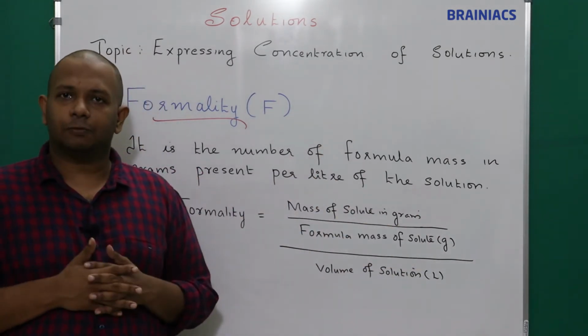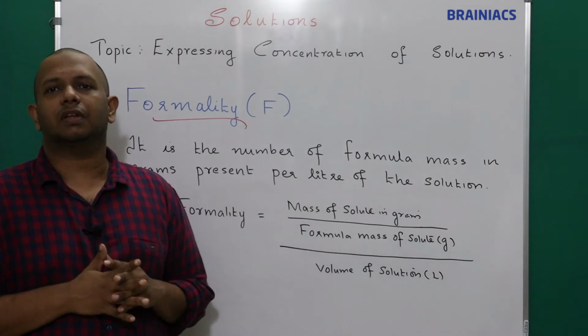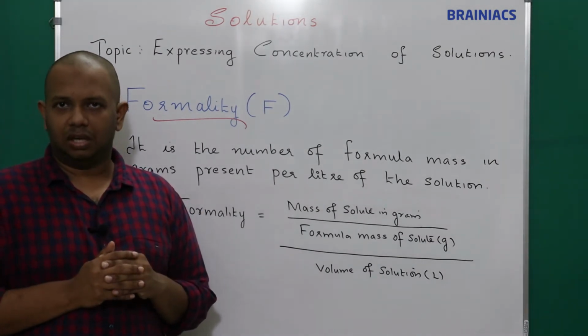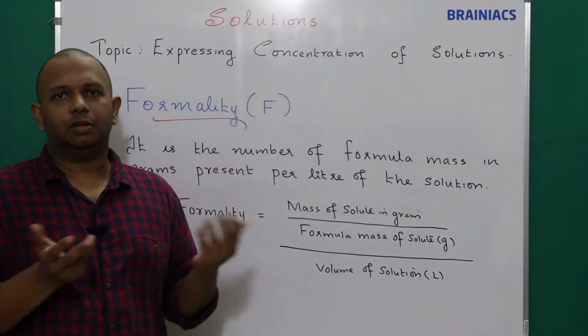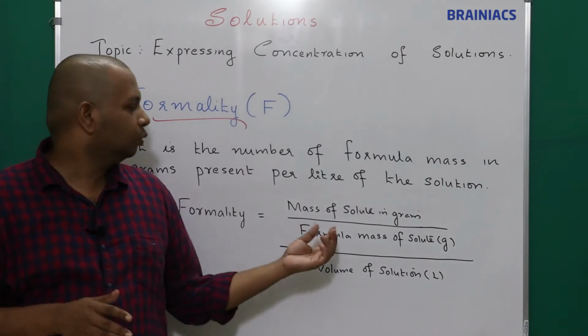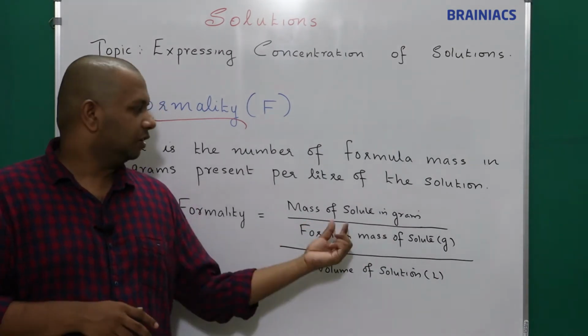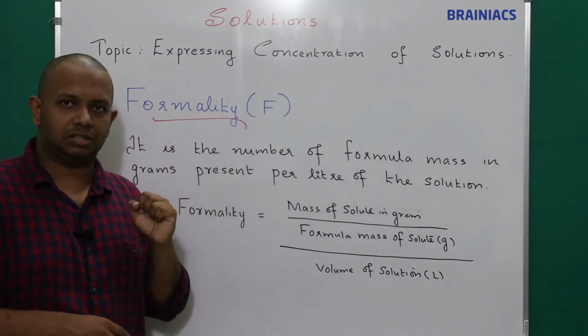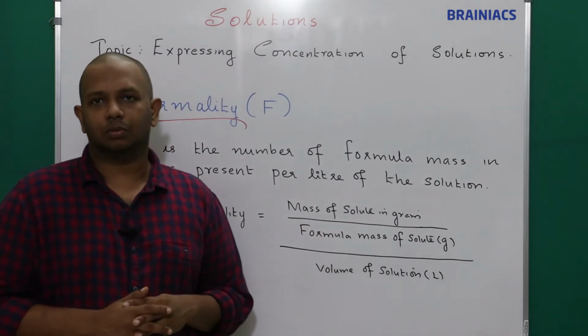So how to find the formula mass? Same as molecular mass. How to find the mass of sodium chloride? Sodium mass is 23 and chlorine mass is 35.5. You add it, you will get formula mass. Since it is an ionic compound we use the term formula mass, and since formula mass is coming here, instead of molarity we say it is formality, divided by volume of the solution in liters.